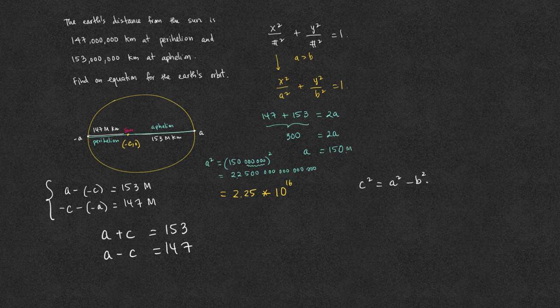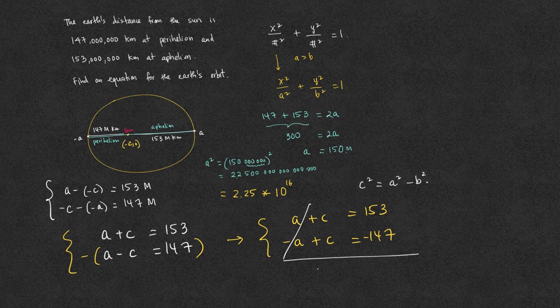We will multiply one equation by negative 1 to obtain an equivalent system of equations. a plus c equals 153, negative a plus c equals negative 147. We then add the two equations to obtain 2c equals 6, c equals 3. 3 million kilometers, not just 3 kilometers.